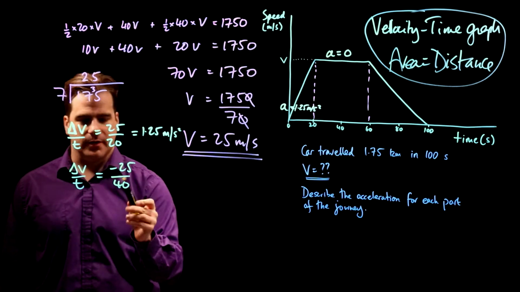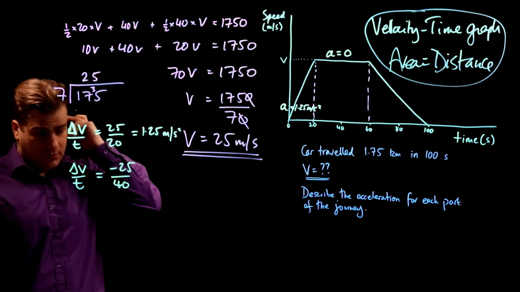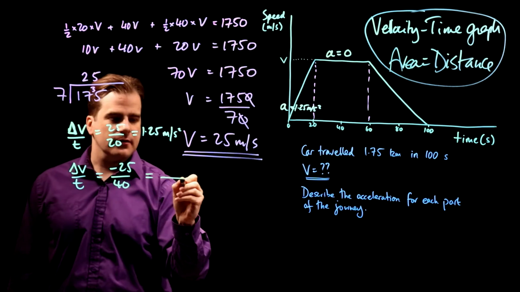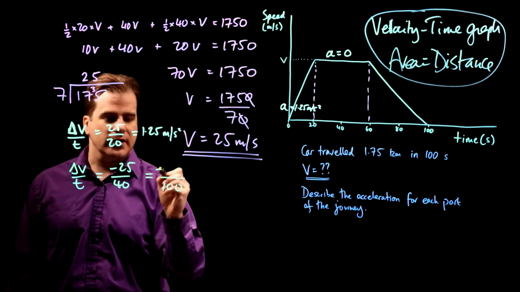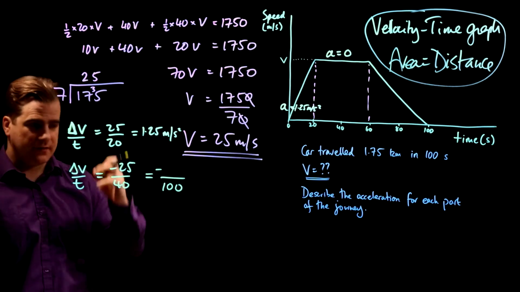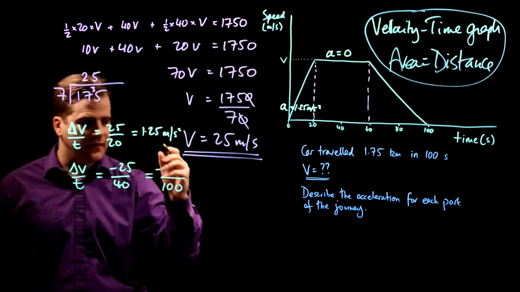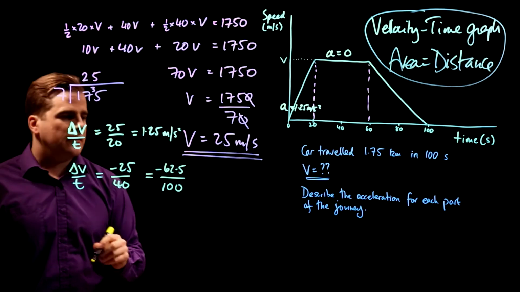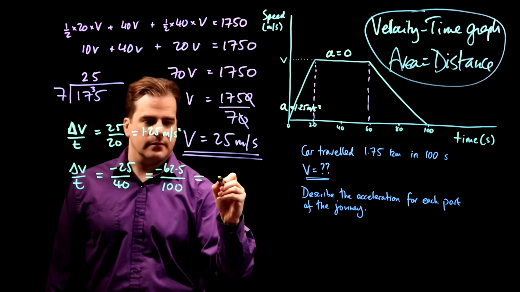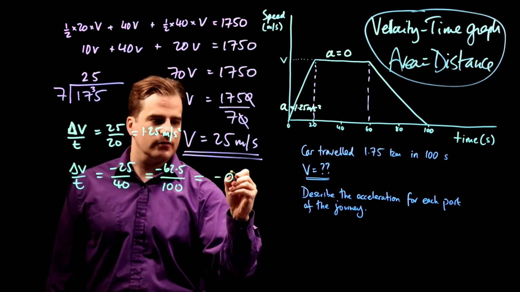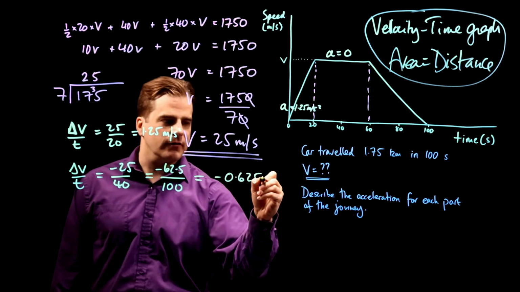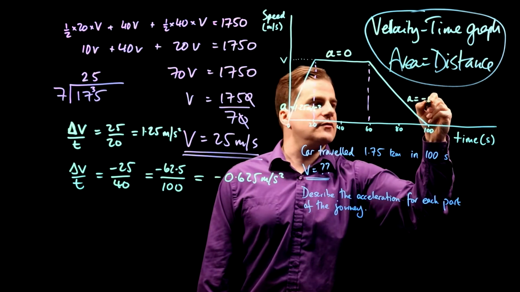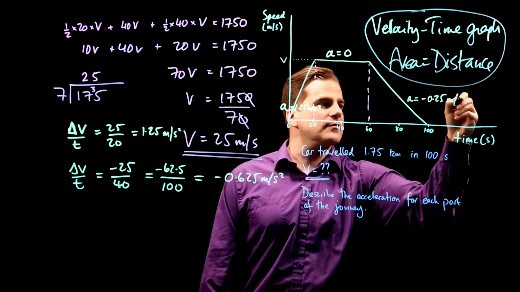Multiply top and bottom by 2.5 to get it over 100. 25 times 2.5 is 62.5. And that is minus 0.625 meters per second squared.